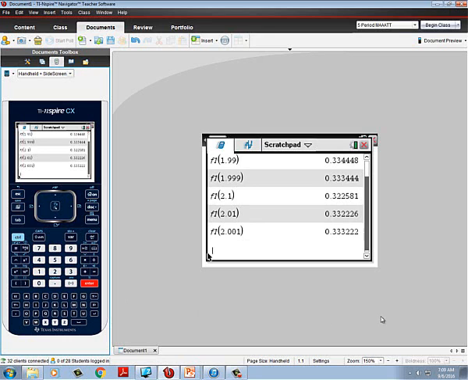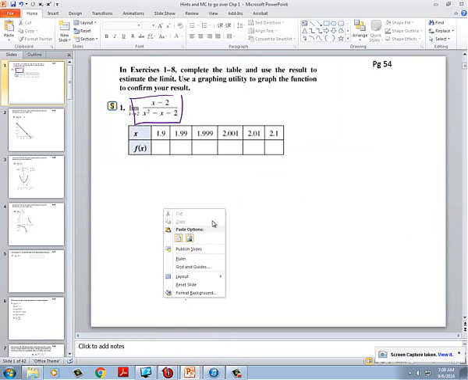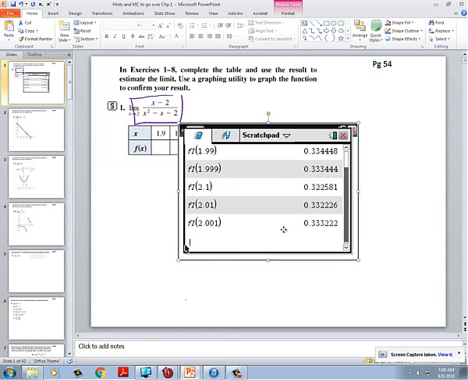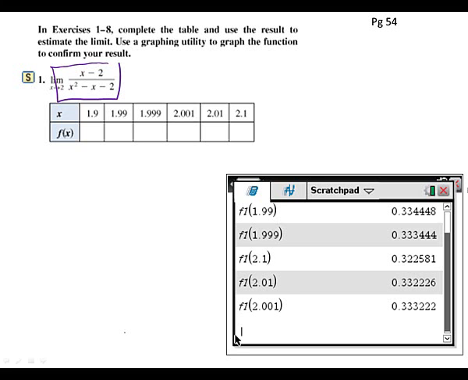Okay, I'm going to put these on my screen there. All right. So in this one right here, let's see. They're about the same, weren't they? 0.334, 0.334, 0.333.